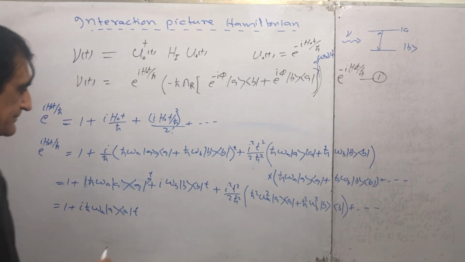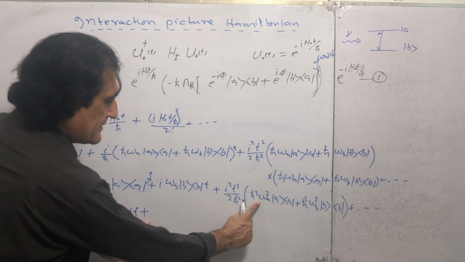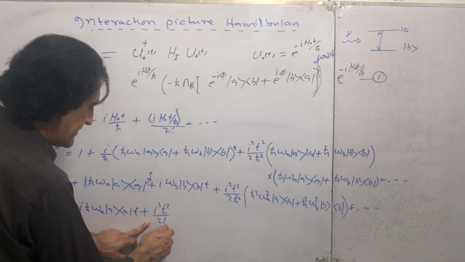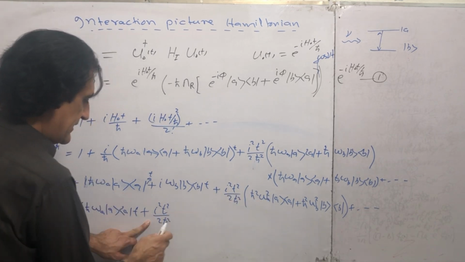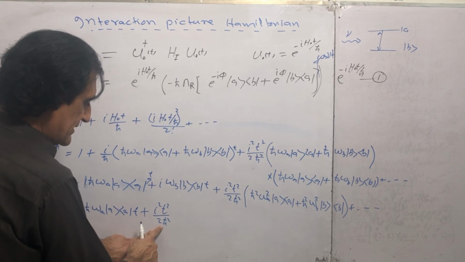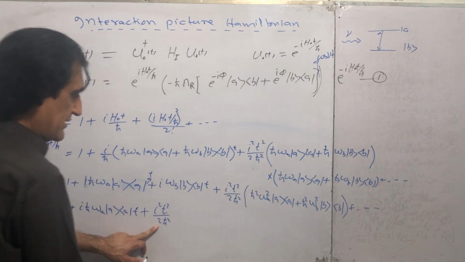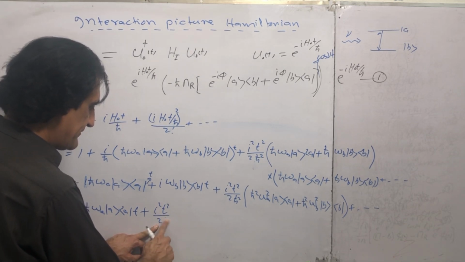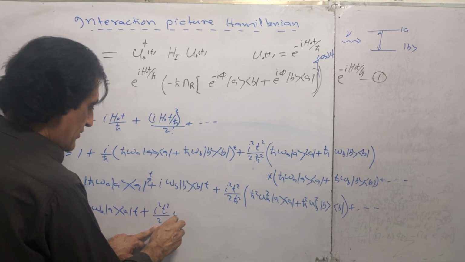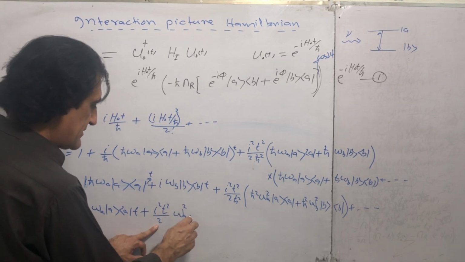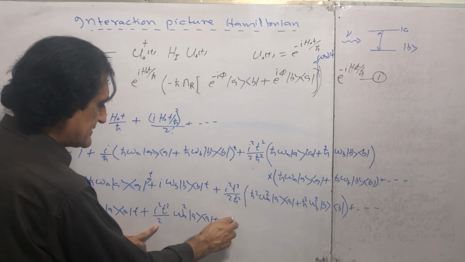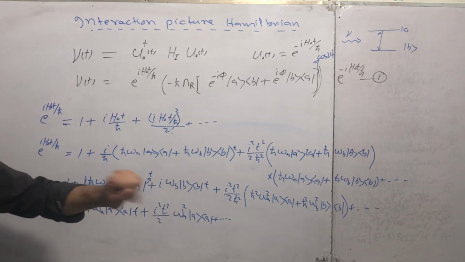t plus here iota square t square divided by 2h cut square, and here if I multiply this with this term, then h cut square and h cut square will cancel out, and we have omega a square and A, and plus the third term, fourth term, and so on.